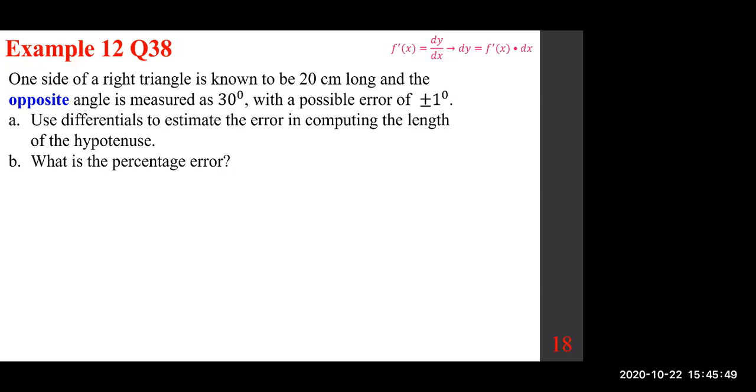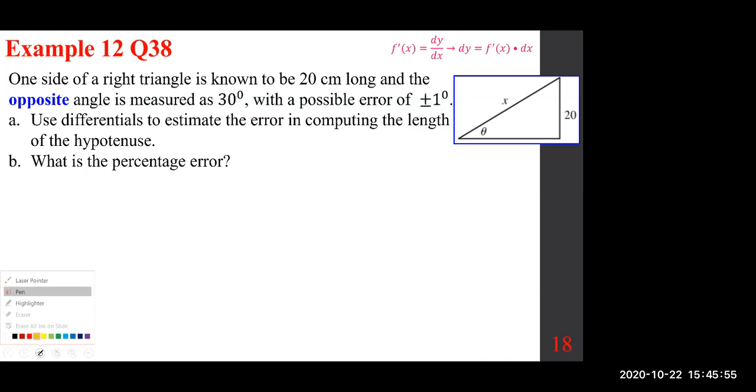So first, let's do the drawing. This is theta. The opposite side is 20, and the hypotenuse we don't know. We can give it any name, x, y, z. It makes no difference. We just know this theta is 30 degrees with a possible plus minus 1 degree.